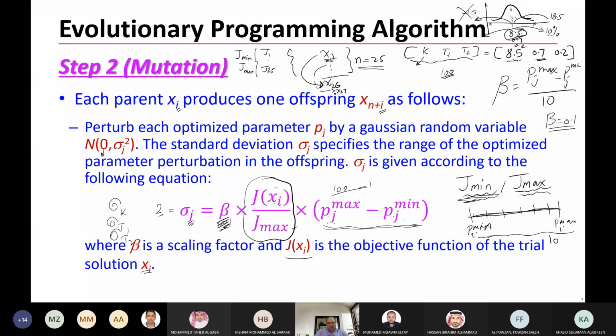You end up with sigma equal to 1 or 2 or 3, whatever. So you generate a random number with a Gaussian distribution of mean 0 and variance 4, or 0 and 2. What does it mean? You have this distribution around 0.